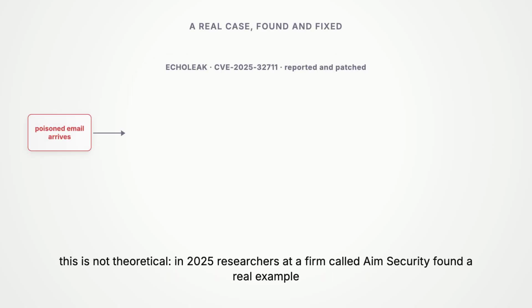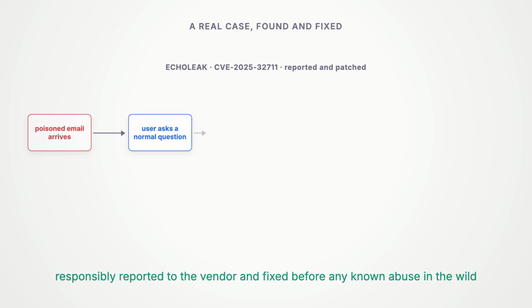This is not theoretical. In 2025, security researchers at a firm called AIM Security found a real example, and importantly, it was responsibly reported to the vendor and fixed before any known abuse in the wild. It was nicknamed EchoLeak, and it is widely cited as the first zero-click attack of this kind on a real AI assistant.